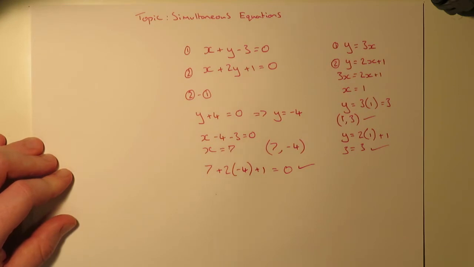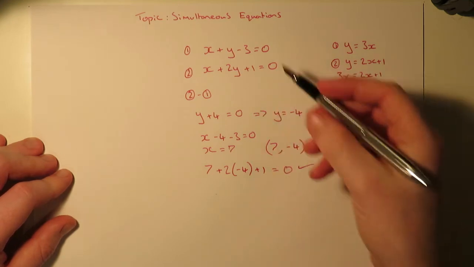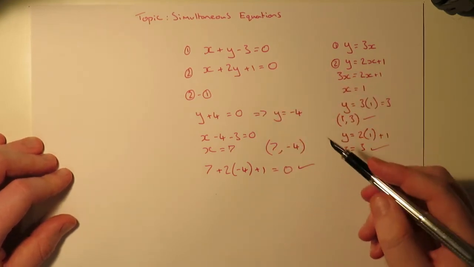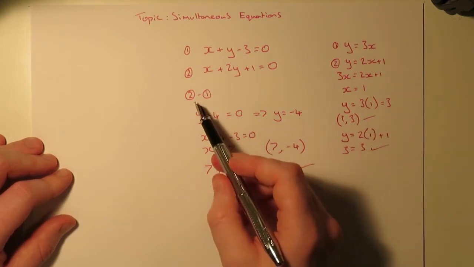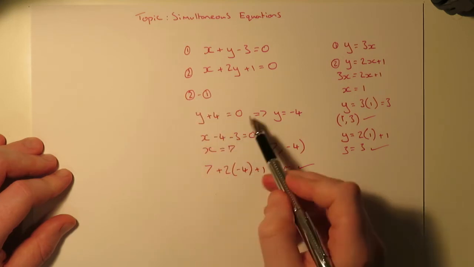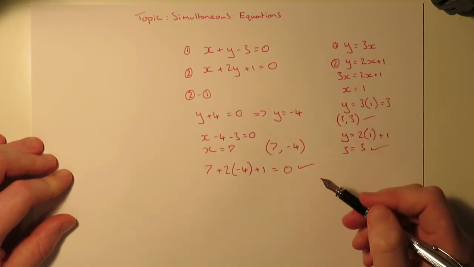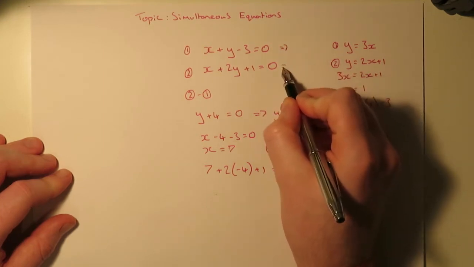Let's have another look at this one, because I did say at the start there are a few ways that you could tackle this. In that case we said that doing equation 2 minus 1 is one method of solving it, and another method is to rewrite both of these equations.